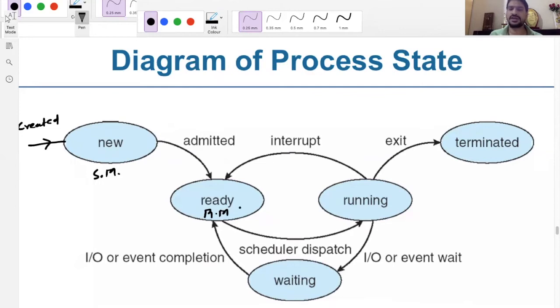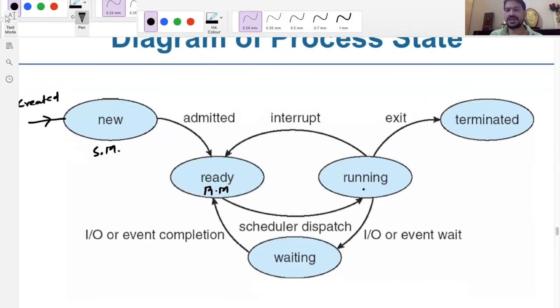It will go to the ready state again, and another process will be given to the CPU for running. Or let's say a process is running and suddenly it requires some IO request or some event, and it is waiting for that. So it will come into the waiting state. And once this IO has been completed, it will again go to the ready state.